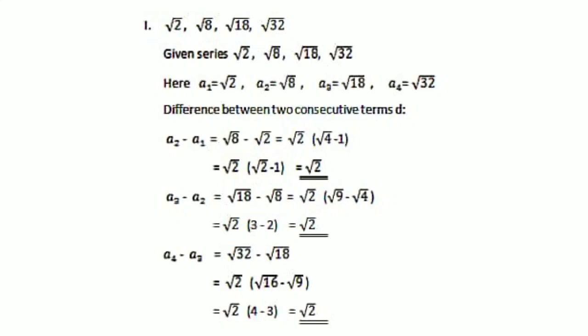So root 2 into 4 minus 3. 4 minus 3 is equal to 1. Therefore root 2 into 1 is equal to root 2. Here the difference is the same. It is clear that the differences of two consecutive terms are equal. Therefore, the given series is an AP.